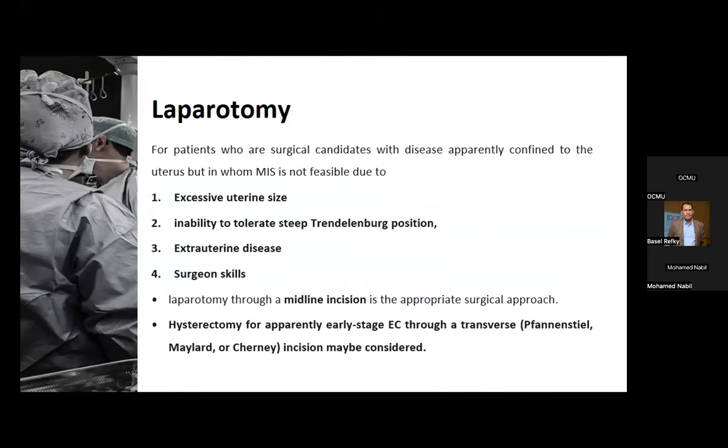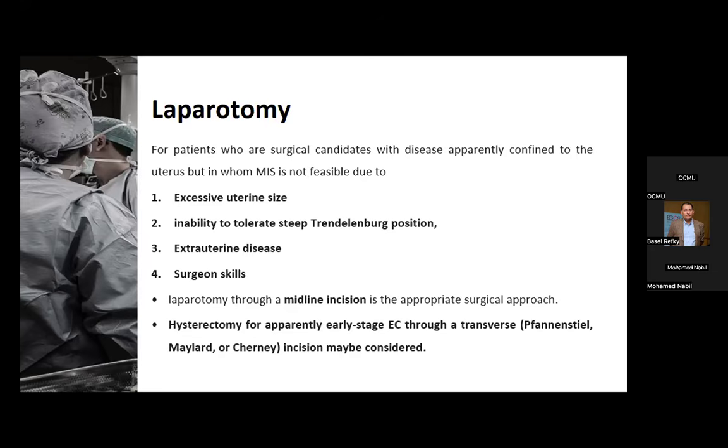That happened also in some of our patients who have morbid obesity. They cannot tolerate the Trendelenburg position. Also if we have an advanced uterine disease and we're going for debulking or cytoreduction, as Amira said before. And the fourth one is the surgeon's skills.